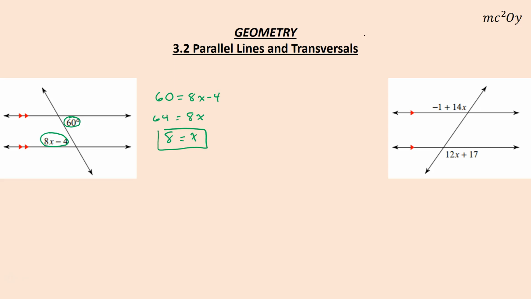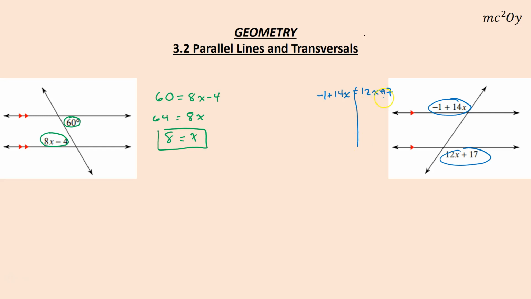Over here, I'm dealing with alternate exterior angles: 12x plus 17, and negative 1 plus 14x. I have my parallel lines, so negative 1 plus 14x is equal to 12x plus 17.